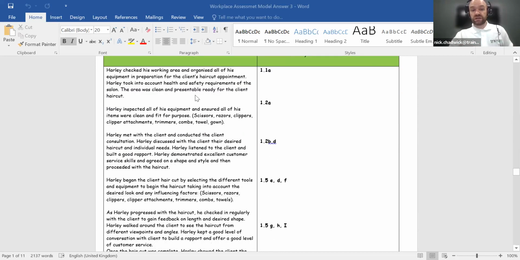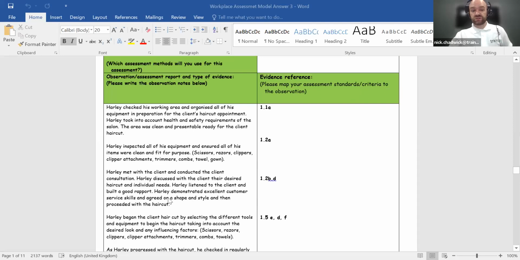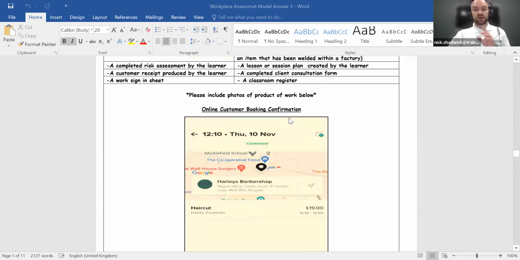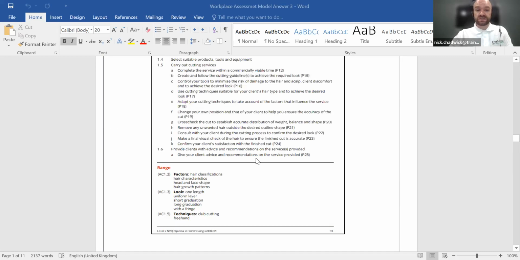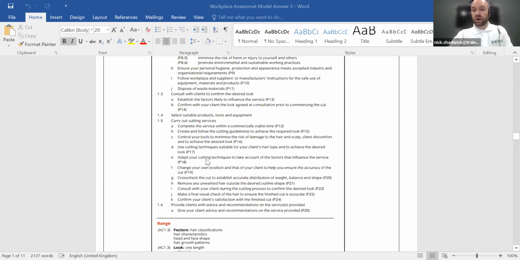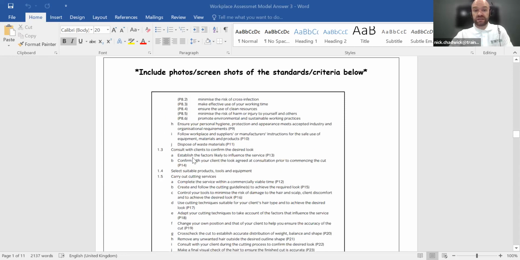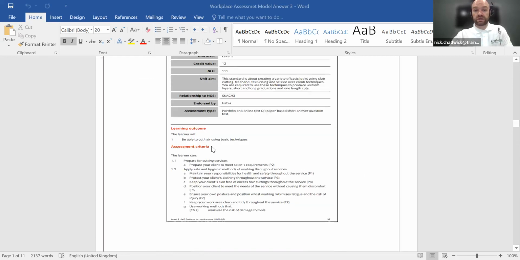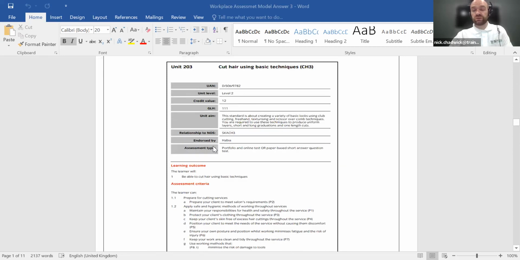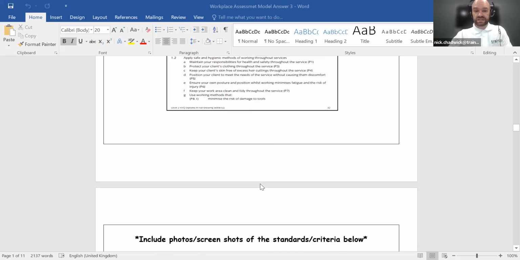As we can see, I have my observation notes on the left-hand side here, and each of the observation notes have been mapped to my criteria. So just remember, if I go back up to this criteria here, I'm mapping what I see against the criteria from my standards here. So just remember, you will need to do this for your very own workplace assessment as well.